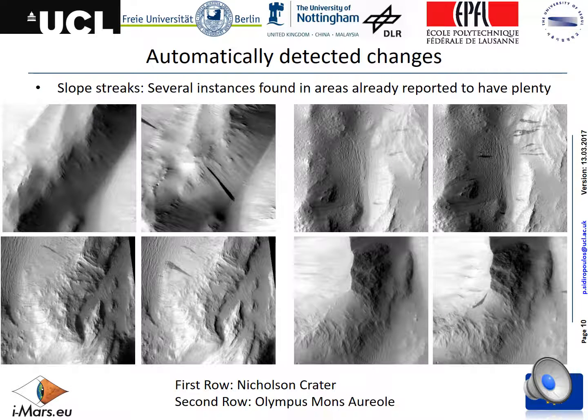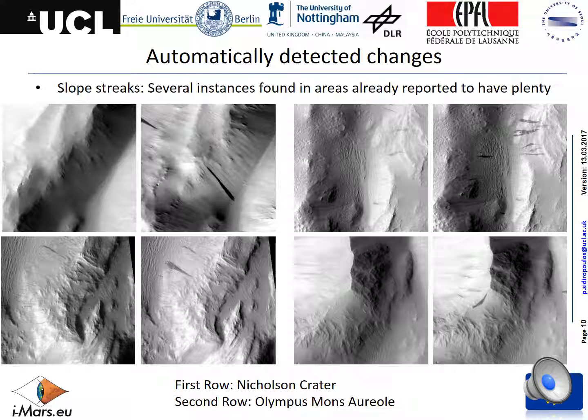We have already found slope streaks in areas that are already reported in the literature, and we have also found a lot of changes happening in areas of slopes. We are going to examine them more thoroughly and hope to find more slope streaks, but also changes related to active gullies or RSLs.